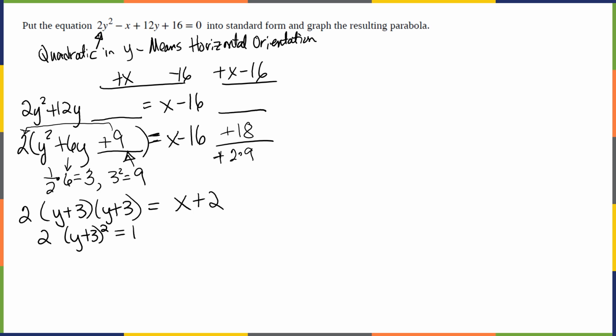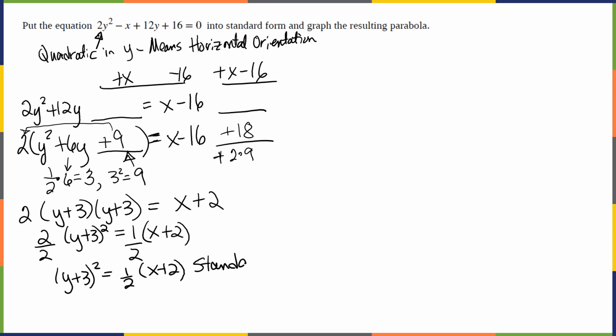And that is an understood 1 times x plus 2. Finally, we want to get this in standard form, so now we're ready to divide on both sides by 2, which gives us y plus 3 squared equals 1/2 times x plus 2. So now we have the equation in standard form.